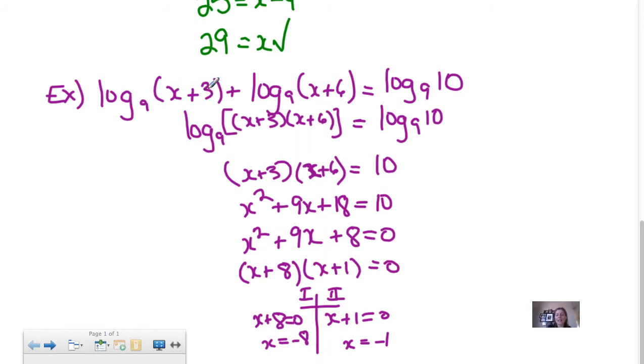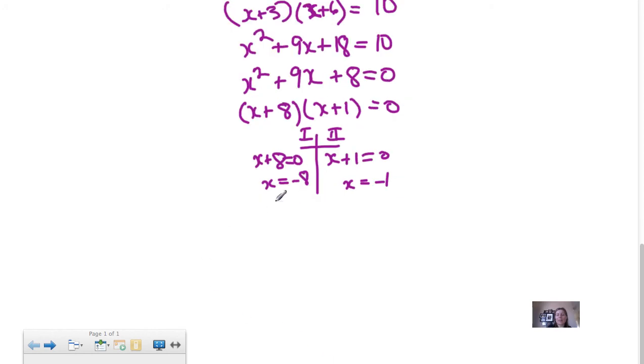And since the argument is less than 0, that solution for x is going to be inadmissible. So I would write that in there. I would say it's inadmissible because the argument would be less than 0.